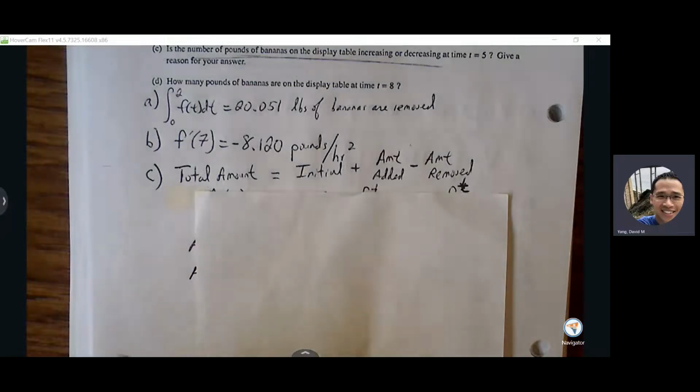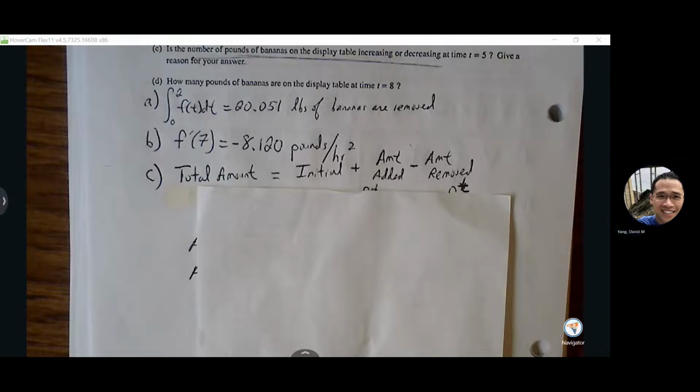So we can also apply it to this problem, right? The total number of pounds of bananas on the display table is equal to how many you started with, how much has been added, and then subtracting by how much has been removed.